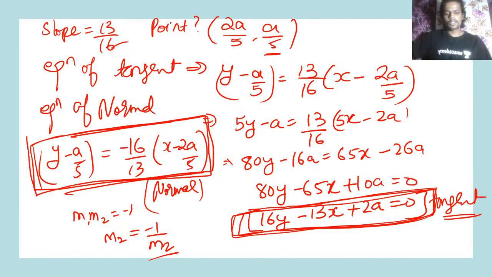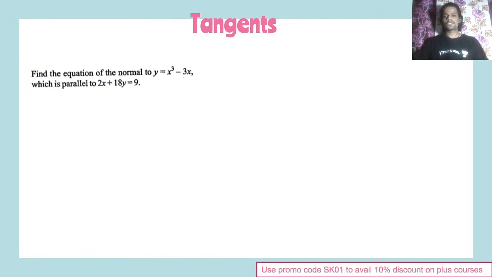Fine. So now let's try to do the next question. The next question is, find the equation of the normal which is parallel to this line. Basically, I have to find a normal which is parallel to an already given line.